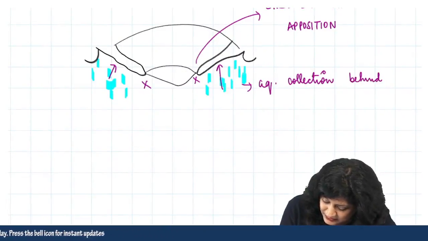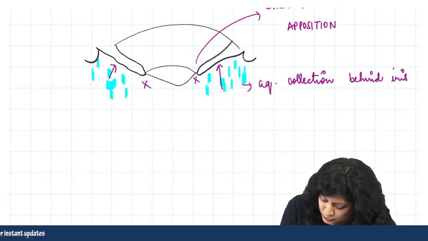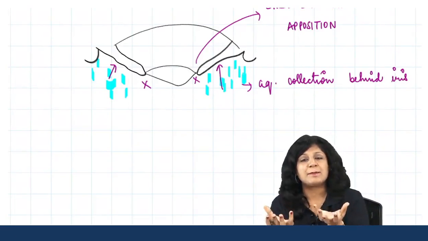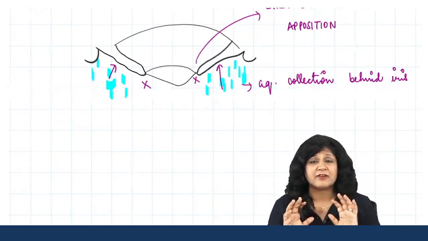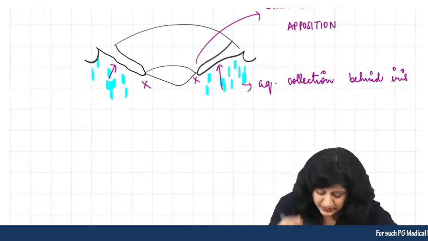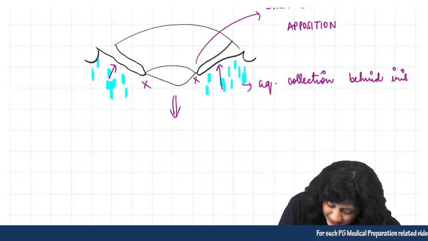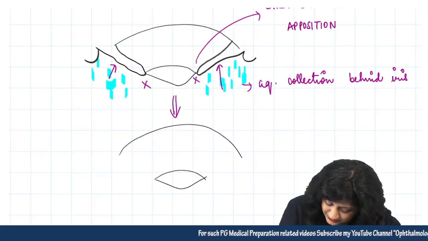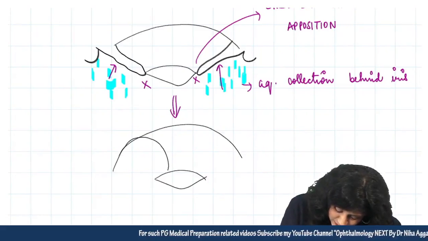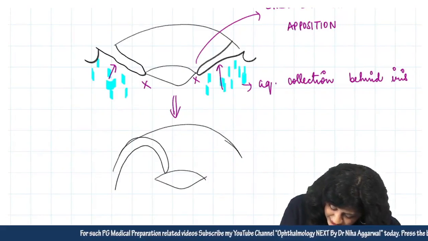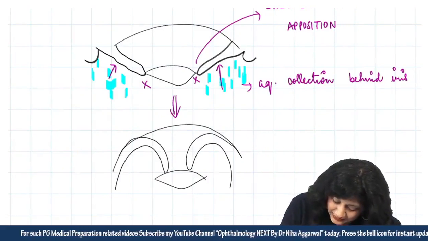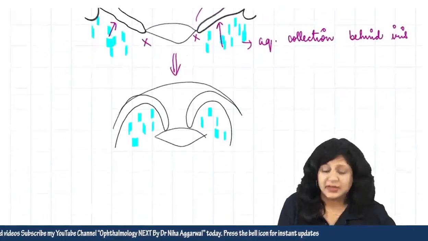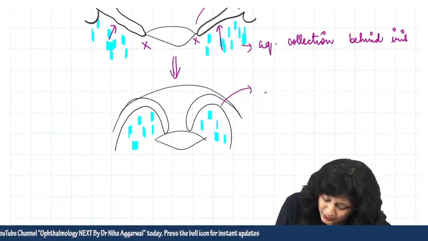Due to this aqueous collection, a lot of pressure builds up behind the iris, and a time will come when this pushes the iris anteriorly. The iris is pushed anteriorly like this because of the pent up aqueous pressure.